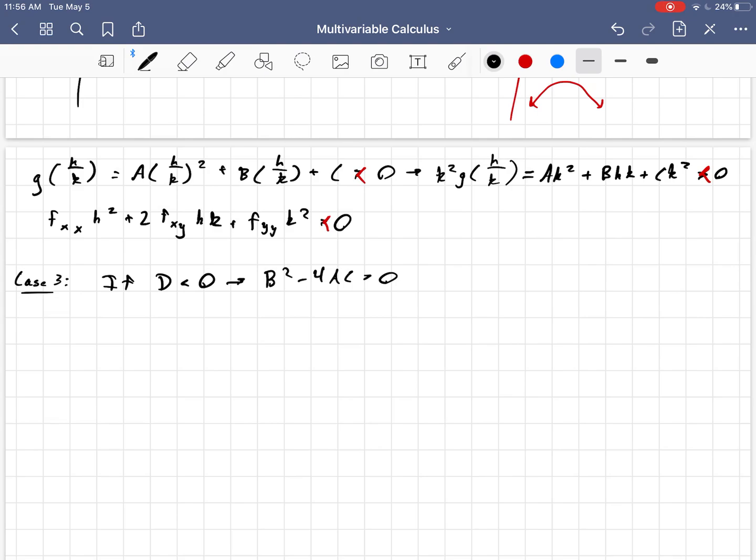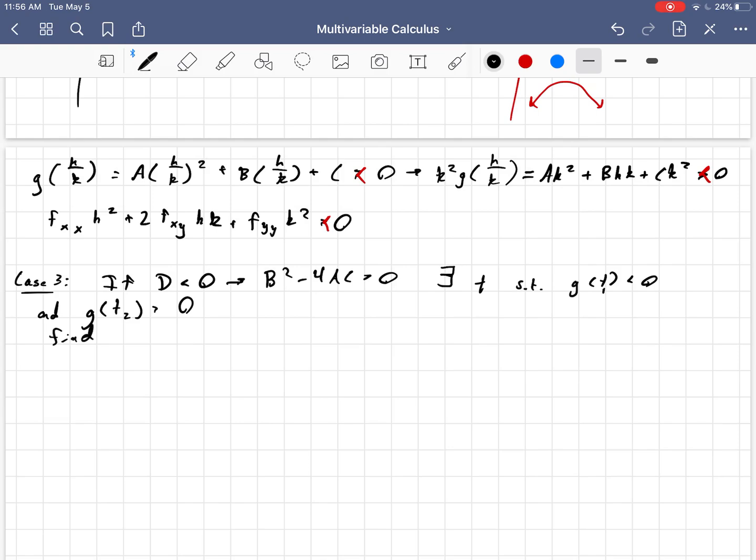That means that we have some roots, right? We have this quadratic intersecting. So I'm going to write it like this. There exists, that's the set theory symbol for there exists, some t such that g of t sub 1 is less than 0, and another t such that g of t sub 2 is greater than 0, and those are the roots of this pseudo parabola, if you will.